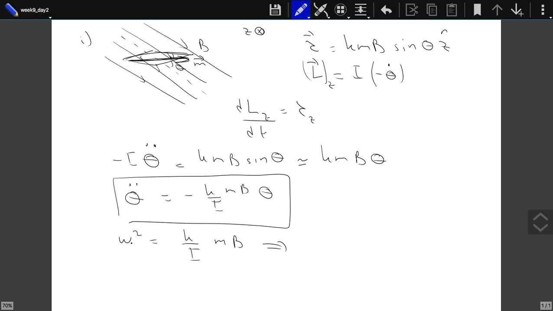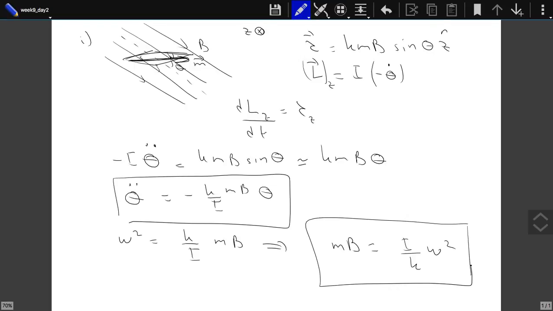Assuming we know K, m times b is equal to I over K times omega squared. So K will be some constant. I is just some constant depending on the shape of the compass. Omega is something we measure. So once we measure omega, we determine the product of the magnetic dipole moment and the magnetic field. So that is how we can measure the product.